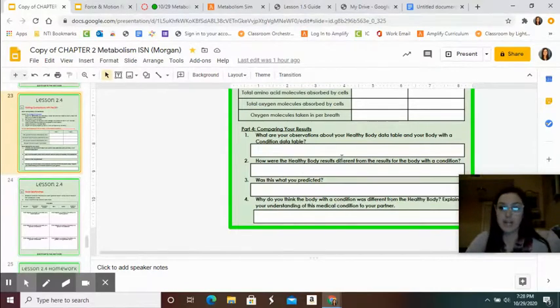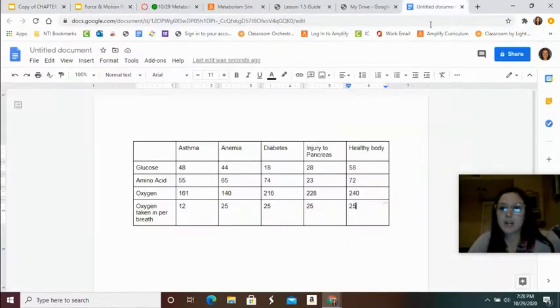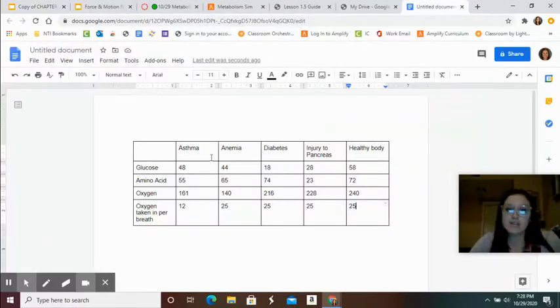I made this little chart because we had to go through that quick. So these are the numbers for all 4 conditions, compared to one trial of the healthy body. 58, and then asthma and anemia are close. Injury to the pancreas is pretty low, and diabetes is even lower at 18. So we know that glucose is affected in this injury.